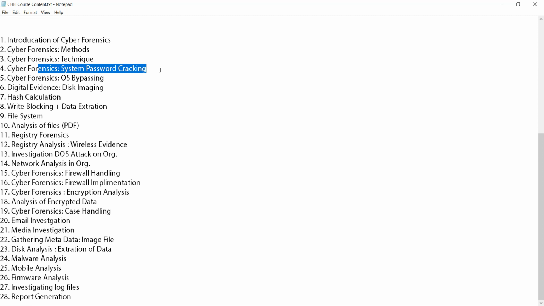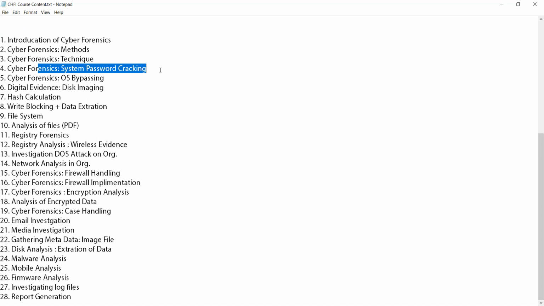These are all the things we have to cover in encryption analysis in cyber forensics, as well as the analysis of encrypted data using cyber forensics. So the 17th and 18th sessions will define all the things related to encryption.